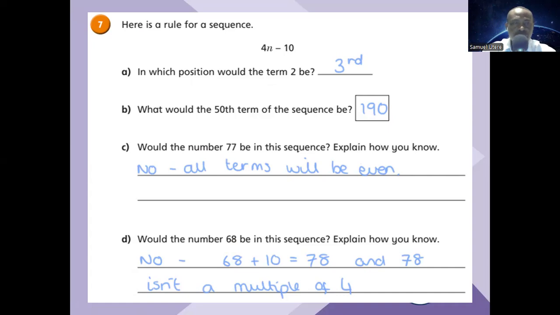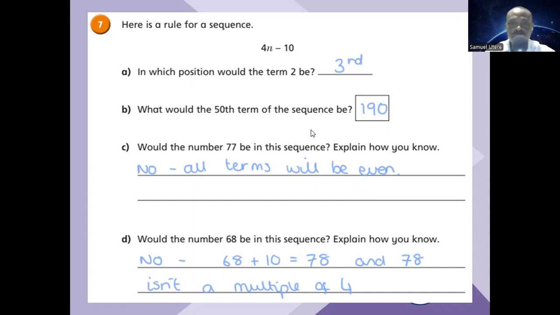And then question 7D, would the number 68 be in the sequence? Explain how you'd know. No, 68 would not be in the sequence. How would we know? Now remember, we can use inverse operation.